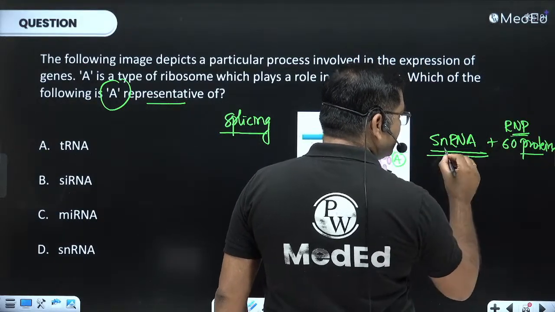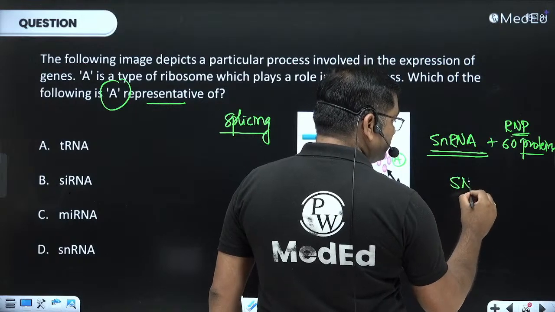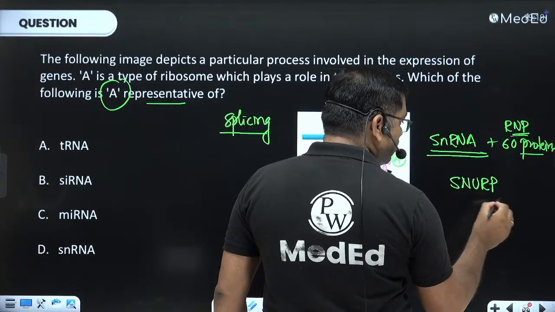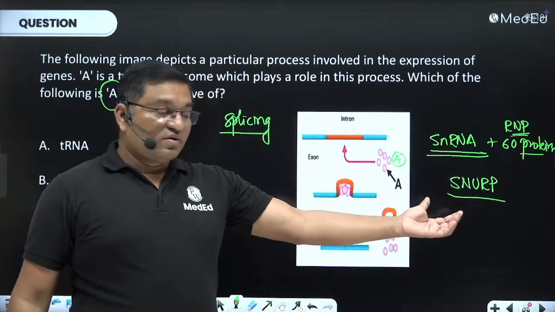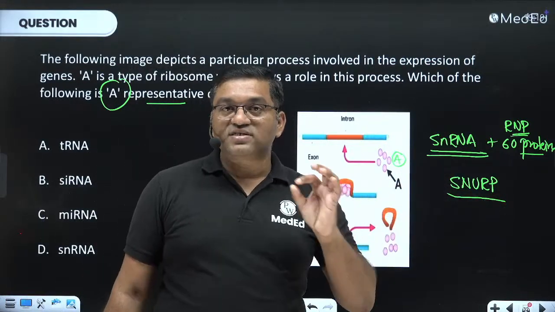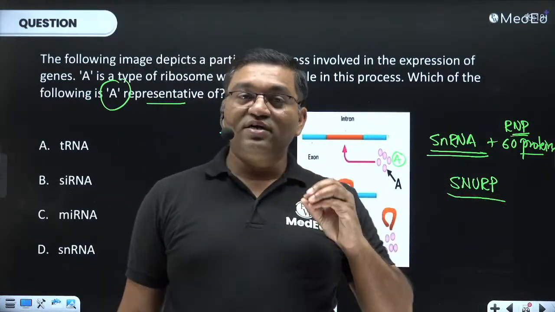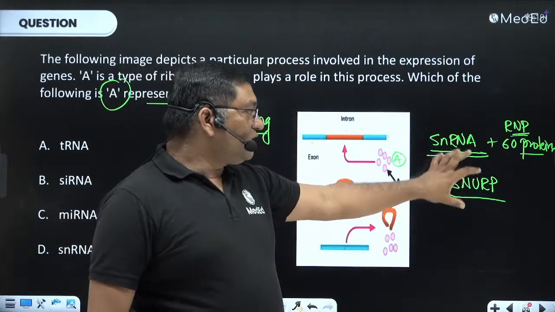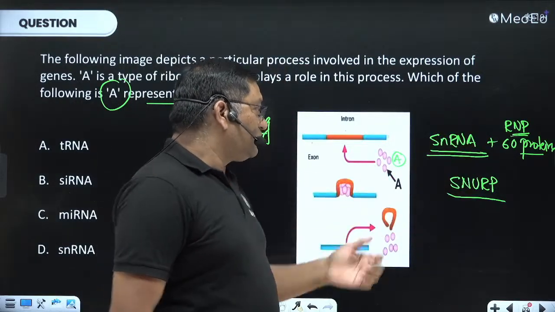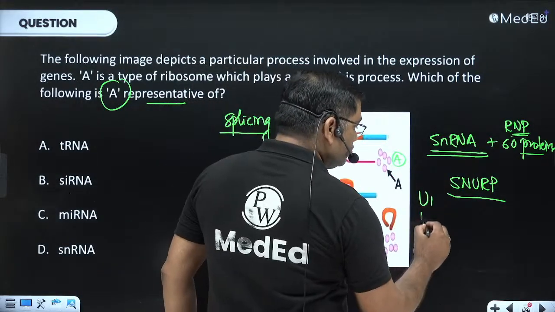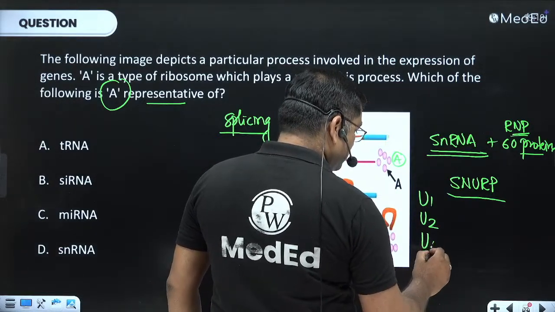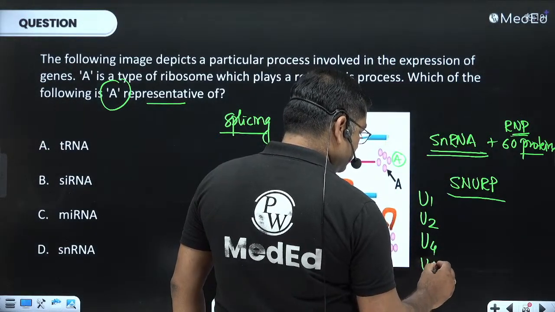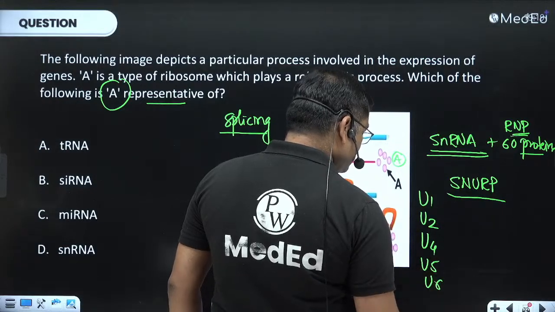Together this is known as snRNP, small nuclear ribonucleoproteins, pronounced as snurp: small nuclear RNA plus ribonucleoprotein. These are important: U1, U2, U4, U5, U6.